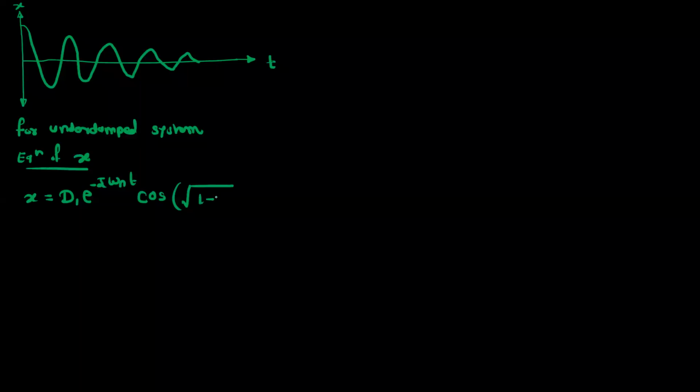So for the underdamped system, we have the equation of displacement, that is the equation of x, which is x is equal to a constant d1 e raised to minus zeta omega n t into cos, or sine, I will use cos, of square root of 1 minus zeta square into omega n t, plus a constant phi 1.